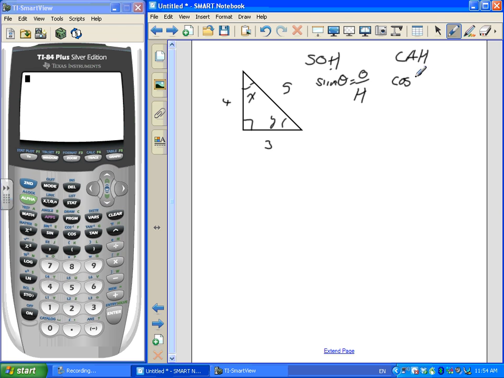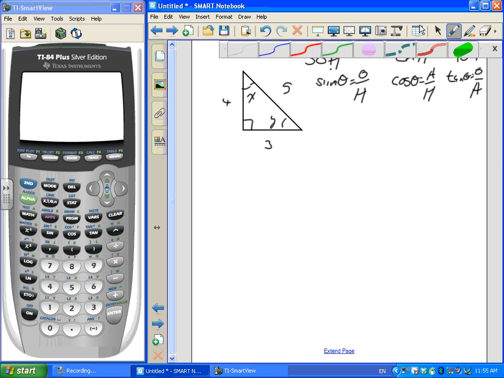CAH, which is cosine theta equals adjacent over hypotenuse, and TOA, tan theta equals opposite over adjacent. So I could set up any of these three to solve for the angles. If you guys notice, let's say we go for side X. I have the adjacent, the hypotenuse, and the opposite. I can do any of the formulas to solve. So let's use cosine to start.